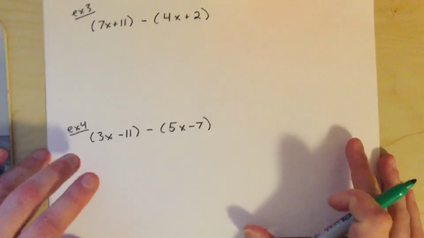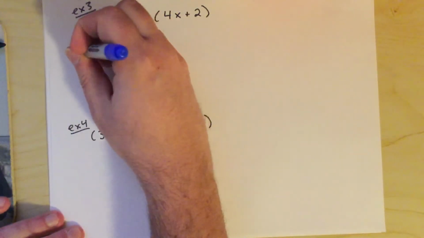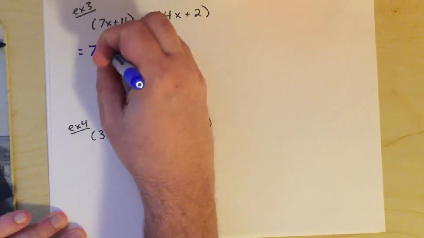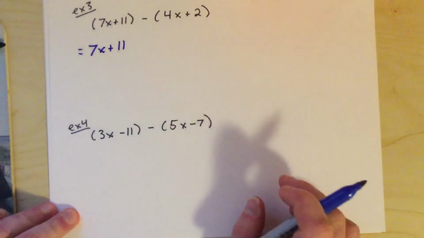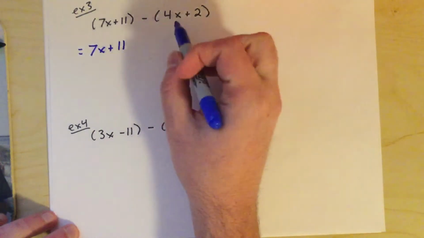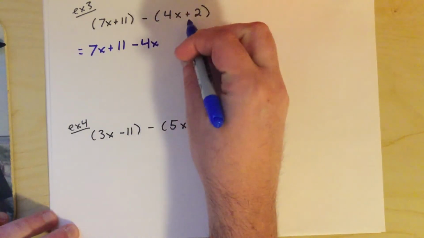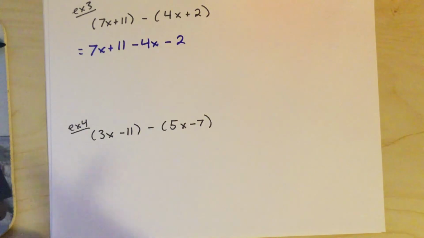Okay, finally we have our first negative here. So let's see what that does. There's a plus in front of this first bracket, so we just write it as 7x plus 11. There's a negative in front of this bracket though, so in this case everything switches. This was a plus, it now becomes a minus. This was a plus, it now becomes a negative.